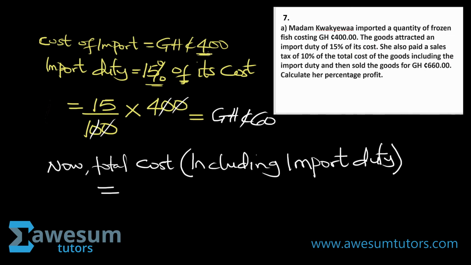She imported the frozen fish with 400 Ghana cedis before, right? Now our import duty is 60. So our total cost is now 400 plus 60. Take note of what they say: she also paid a sales tax of 10% of the total cost of the goods, including the import duty.